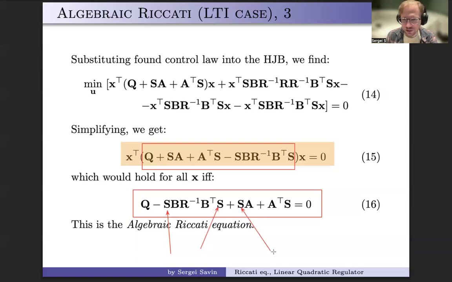And this equation is quadratic with respect to S. So you cannot solve it using linear algebra. But what is good for us, there are solvers. So there are programmatic tools which would just do it for us. We don't have to do it by hand. Right, algebraic Riccati equation. Good.